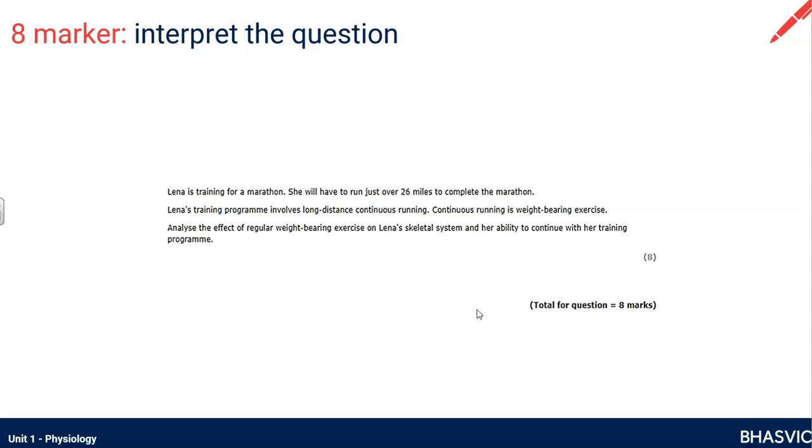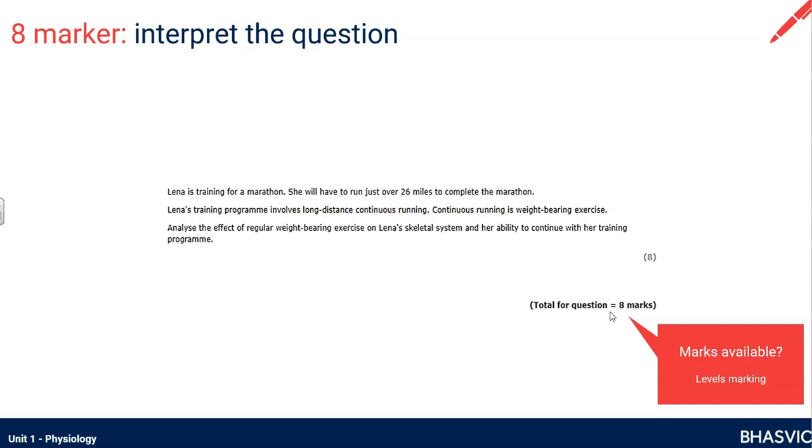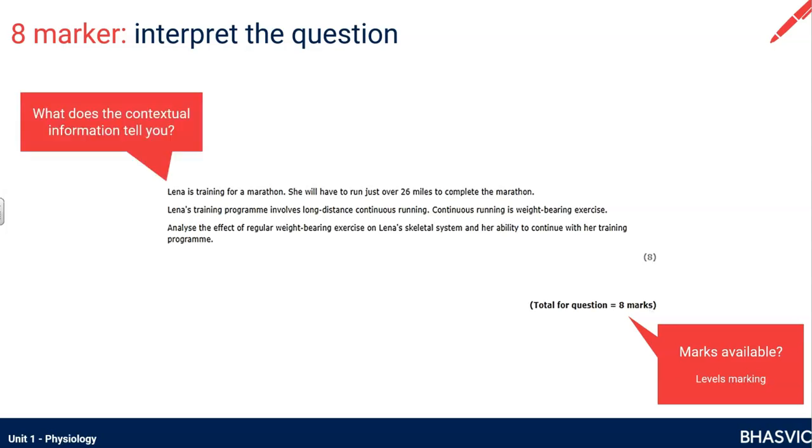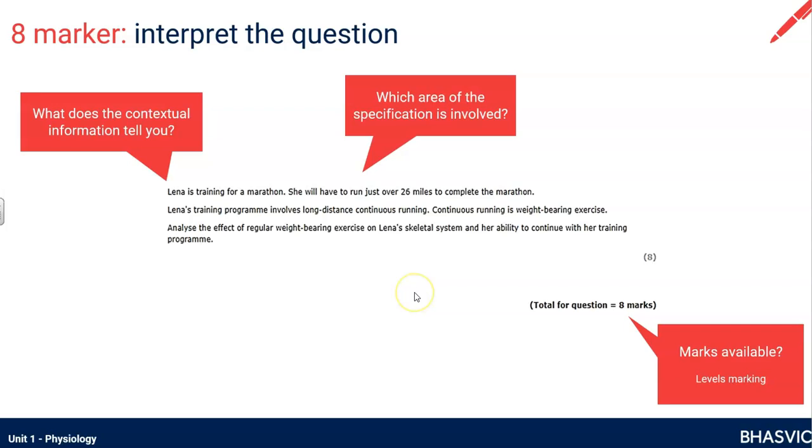So again, here's a way of interpreting what this 8-marker wants from you. Obviously, it's going to be an 8-marker, so we know we've got to pick several points and explain and analyse them. It gives you contextual information, they all do, so it tells you that she's a marathon runner, and obviously that's an endurance event.